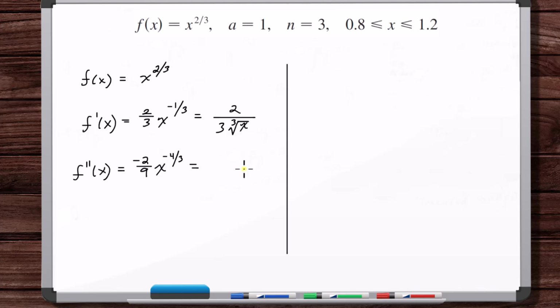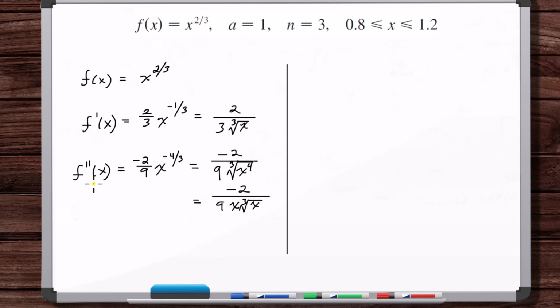So we've got the cube root of x to the 4th. And we can simplify this a little bit more. This is x times the cube root of x, because this is x cubed times x.